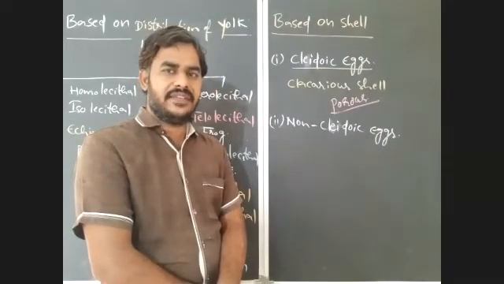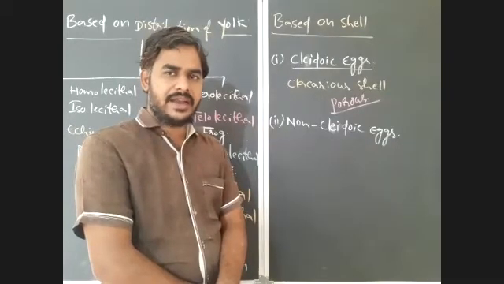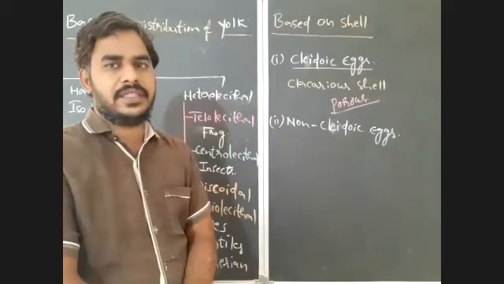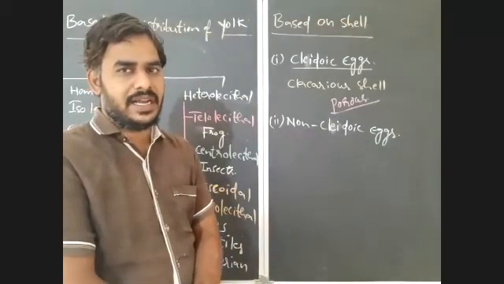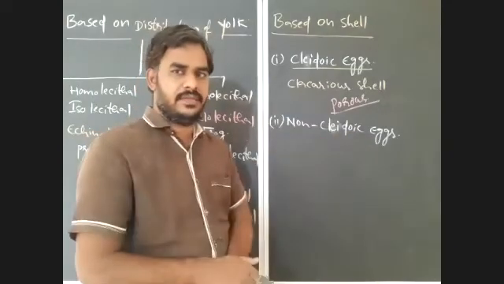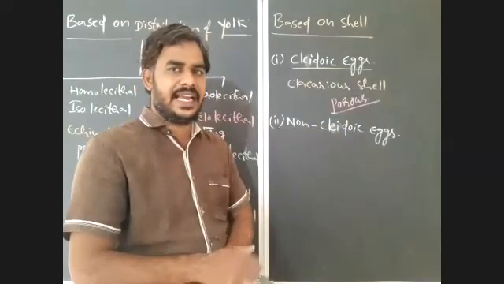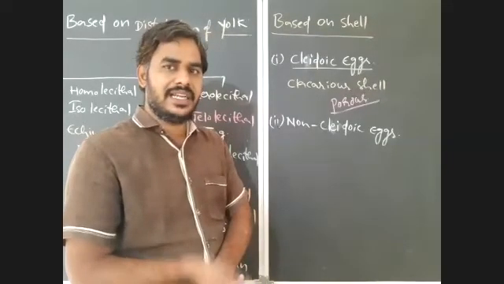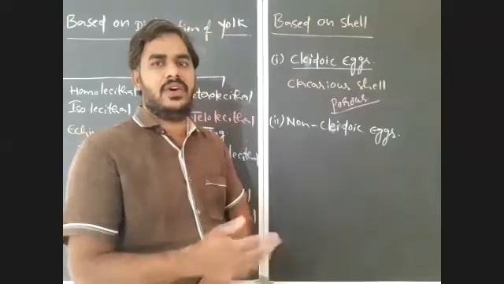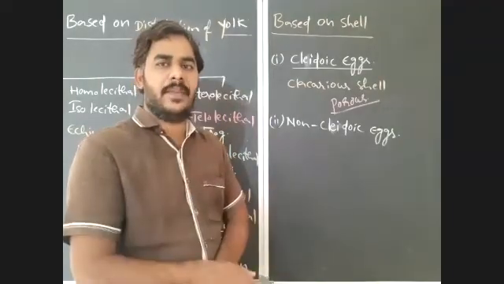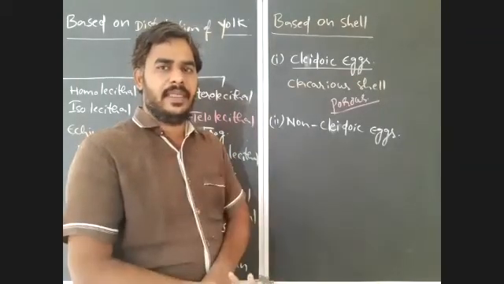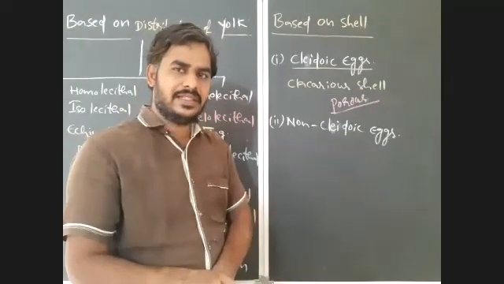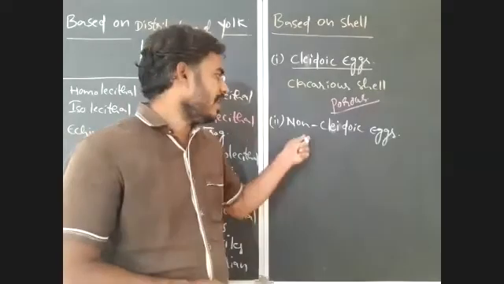In viviparous animals the egg cannot be laid out, so there is no need of shell. In aquatic animals that are present in the water, there is no chance of evaporation of moisture by sunlight, so there is no need of shell. Is it clear? So in aquatic animals and in viviparous mammals, there are non-cleidoic eggs.